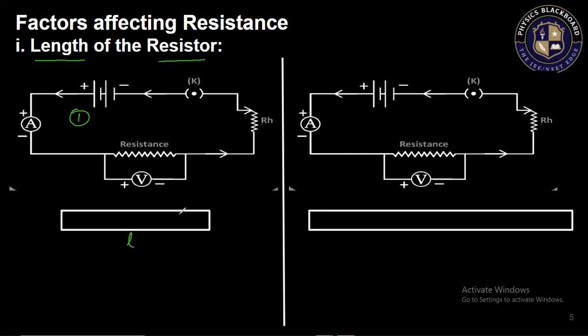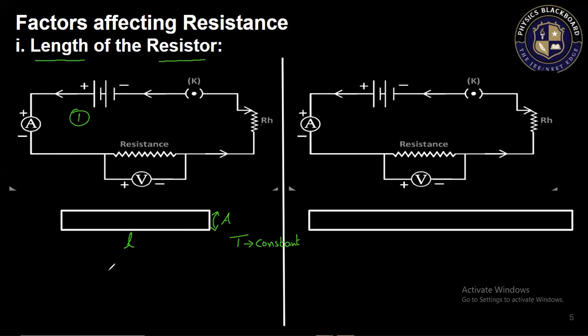So the length of the resistor is L. This is the first case. And this is its area of cross section. Let's say the area of cross section is A. And the temperature remains constant. We kept the temperature constant here.